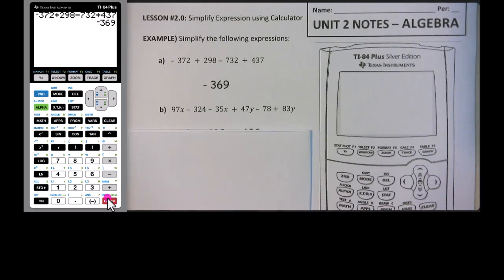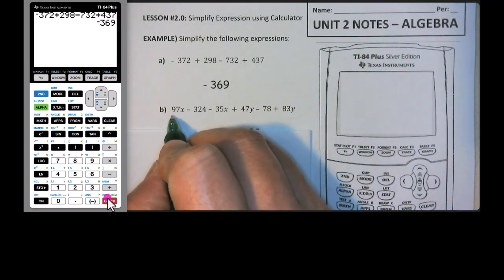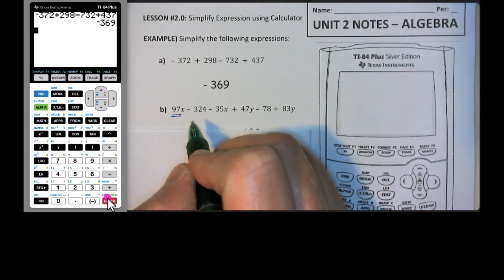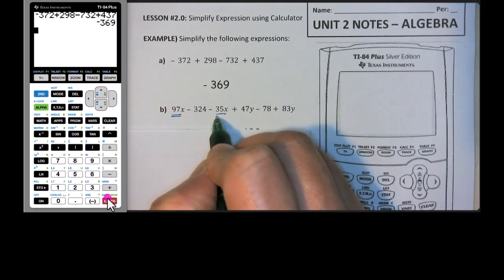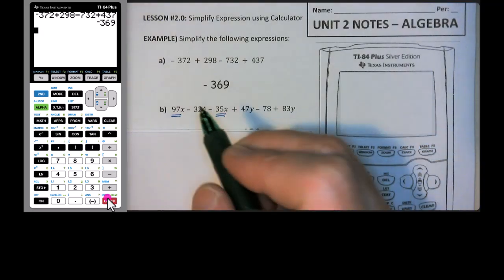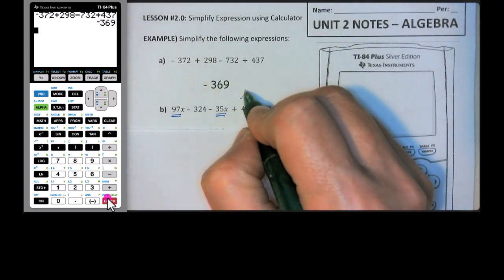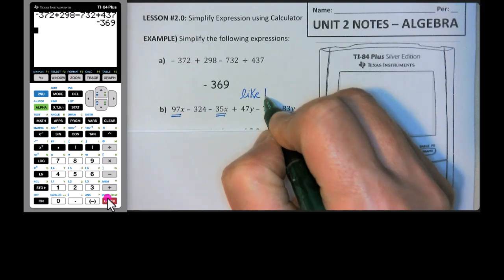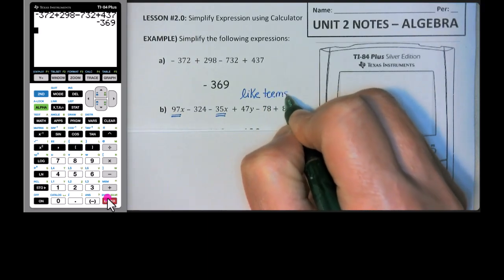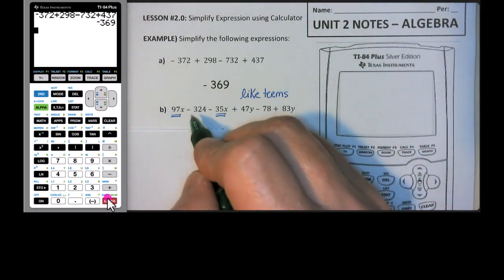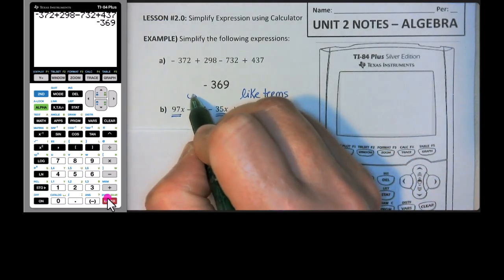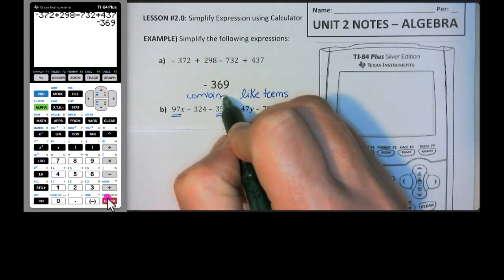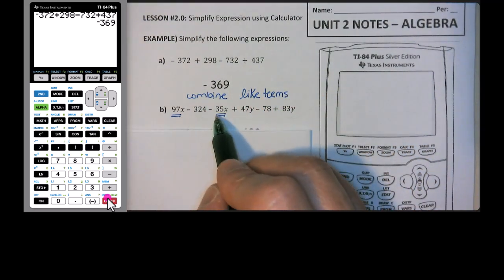The next problem is we have these numbers here. Plus notice that some of them are not like the other ones. This one has X. This one has X. So we call them like terms, okay? Because they both have X. So on an expression like this, we can only combine, meaning add or subtract, if they have the same letter.